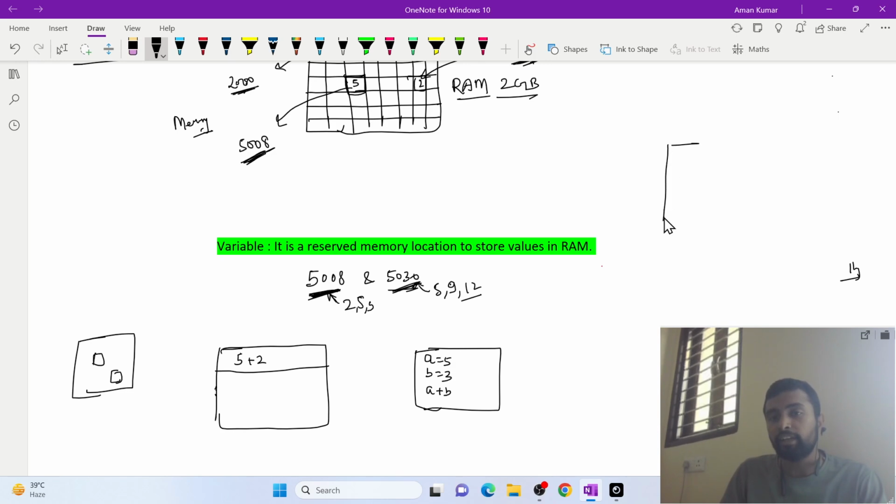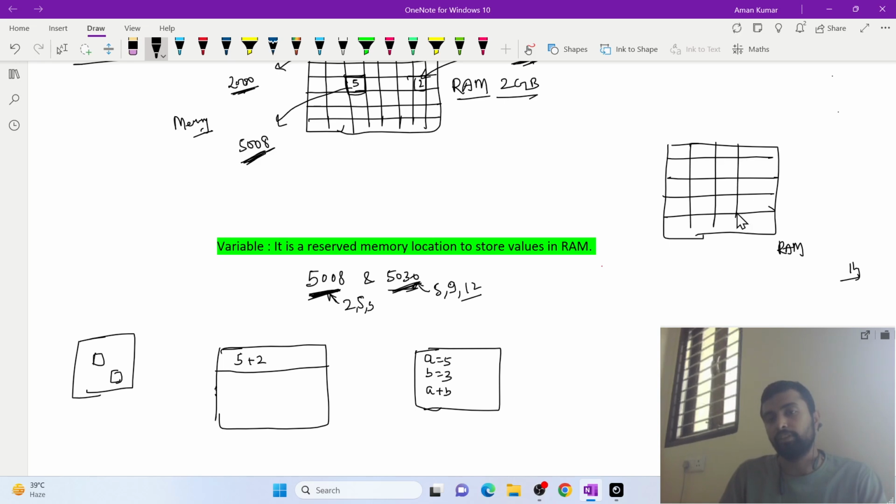Here is our RAM, and let me create the blocks for simplicity. Whenever you write a equal to 5, the computer will assign, let's say, this memory block, and its memory address is, let's say, 2020.